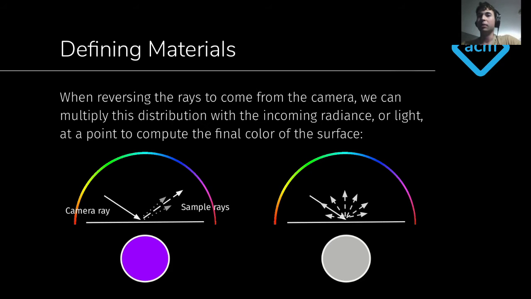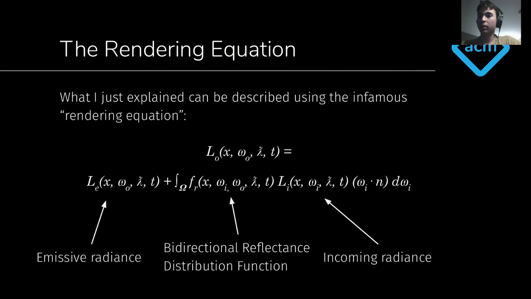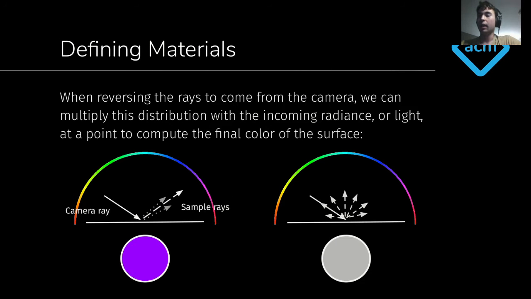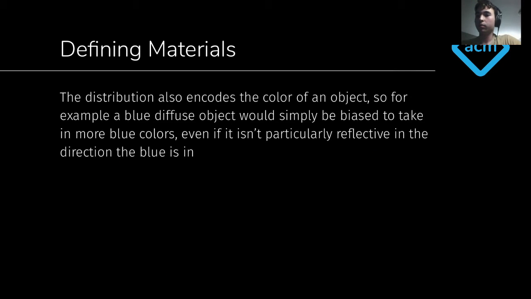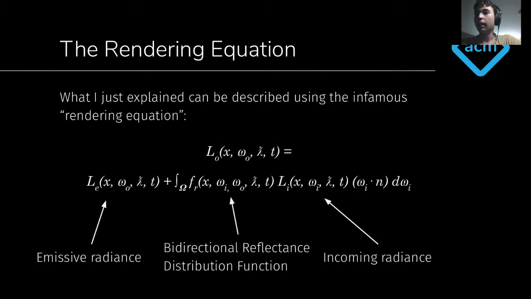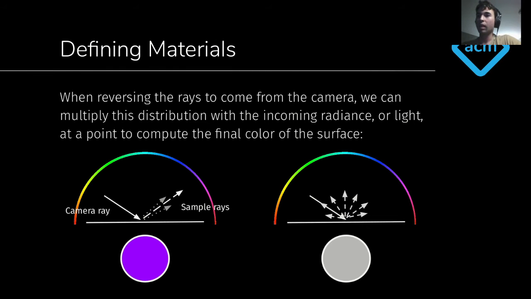I know we have some new people here, so I'm just going over some old stuff. And then Li is the incoming radiance of the scene, which is this hemisphere right here.